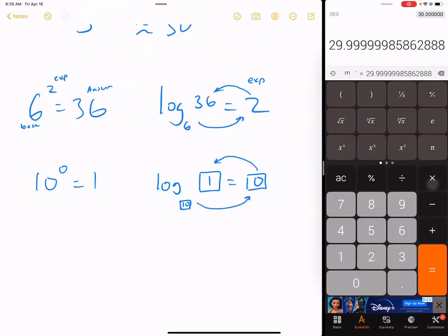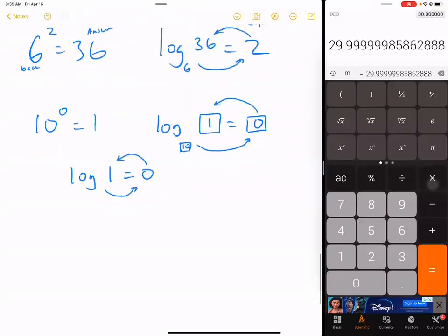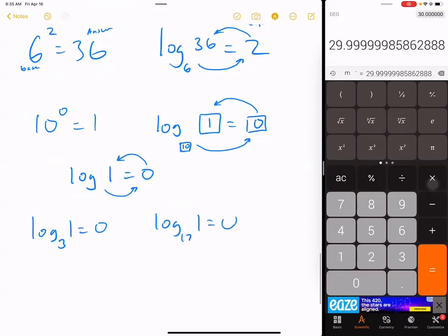Now this leads us to one of the identities that we have for logs. If you take log of 1, it will always equal 0. Why? Because anything to the 0 power is 1. Let's give you guys some examples. Log base 3 of 1 is equal to 0. Log base 17 of 1 is equal to 0.